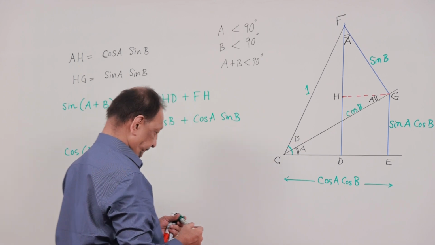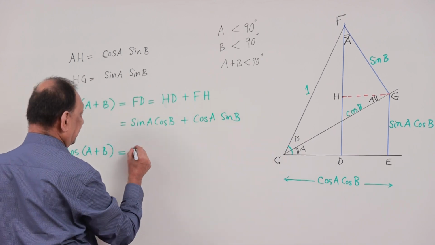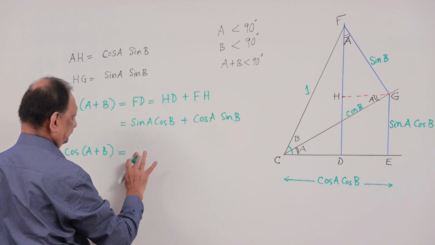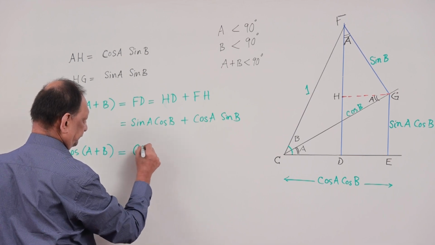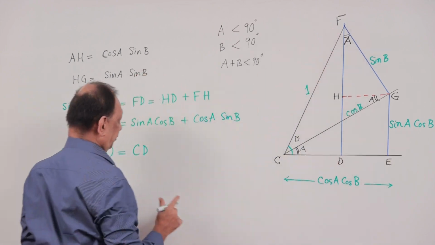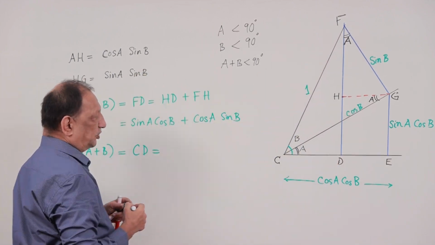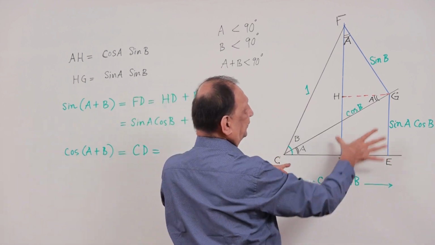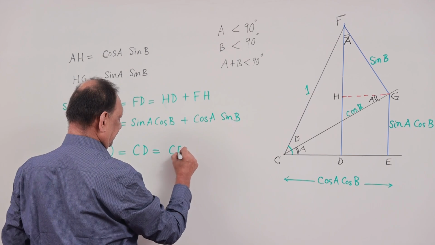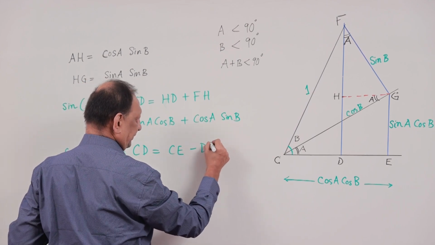What is the adjacent side of this? Is CD. Correct? Hypotenuse is still 1. For A plus B, CD is adjacent side, hypotenuse is 1, equal to. Now, how do you express this CD in terms of the known values? Is CE minus DE.